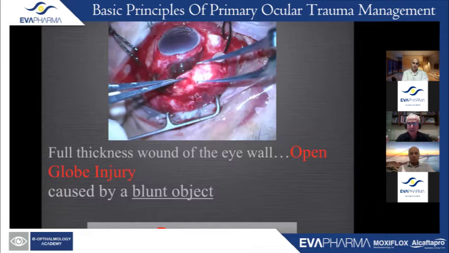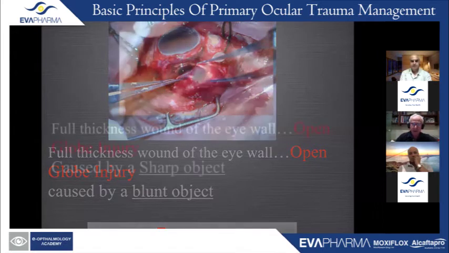Rupture is not what we used to say, that any open eye injury is called rupture. No, rupture is a terminology related only to an open eye injury caused by blunt trauma.